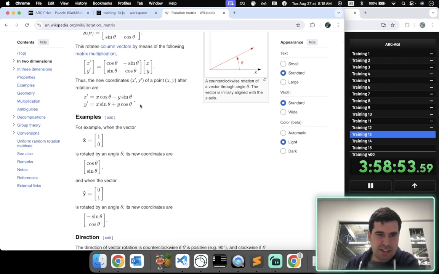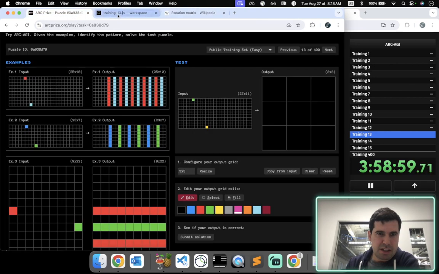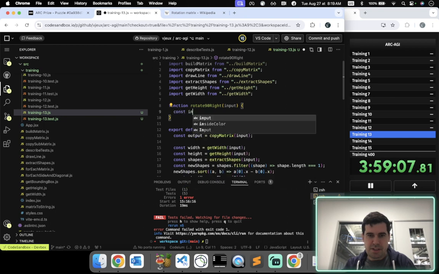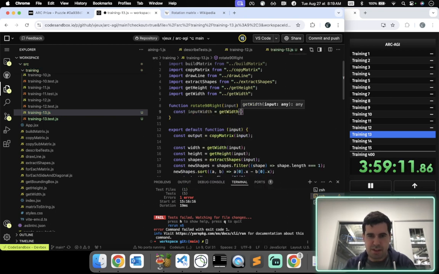And so in this case, this is going to be the formula. So now what we can do is, first we need to know const input width equals get width of inputs, same for the height.